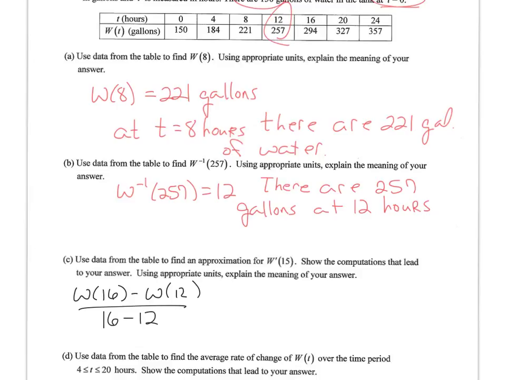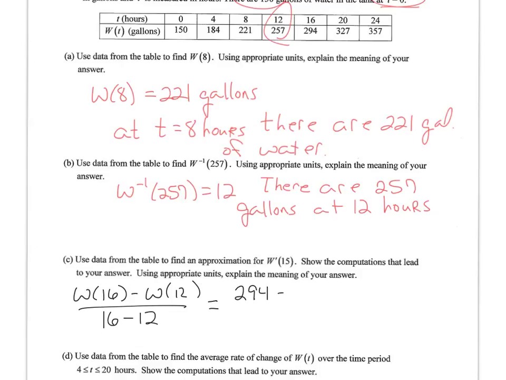This step's probably not absolutely necessary, but if you were to pick up the wrong number and you had this, you could still get some credit because this shows you knew what you were supposed to do. You just picked up a wrong number from the table. But when it asks you to show the computations, you need to show at least somewhere your 16 minus 12 and either directly the numbers from the table, but it's not a bad idea to put this first. Just to show you knew what you were supposed to do, even though you read the table wrong.